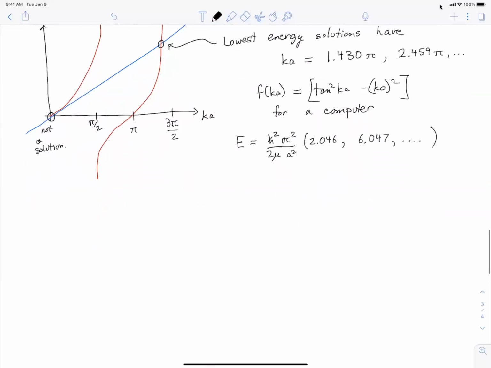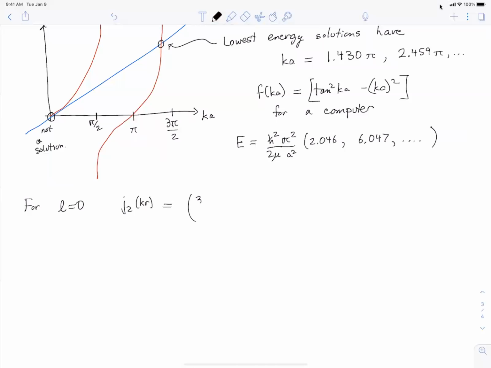Okay, and then there's L equals 2, where things are even more complicated. Because now what we have to write down is the L equals 2 spherical Bessel functions. I'm going to write these in terms of rho. Remember, rho was k times r.